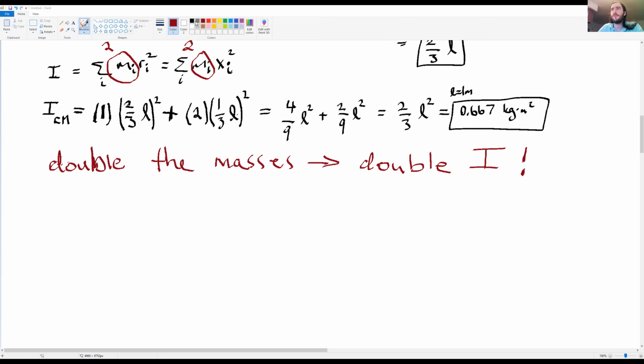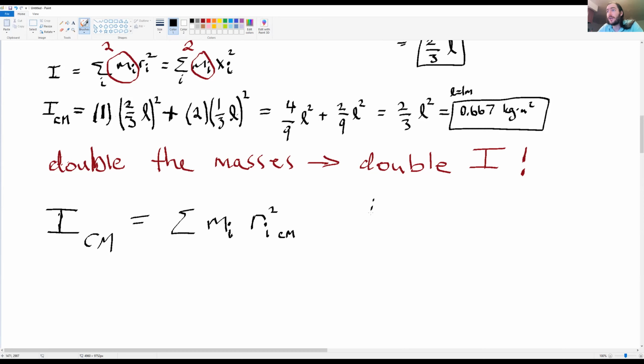Now, I mentioned before, and the formula is still there, that this expression for the sum of all of the masses times their distance squared from the center of mass, I mentioned before that we can have a situation in which we have a continuous distribution of mass.